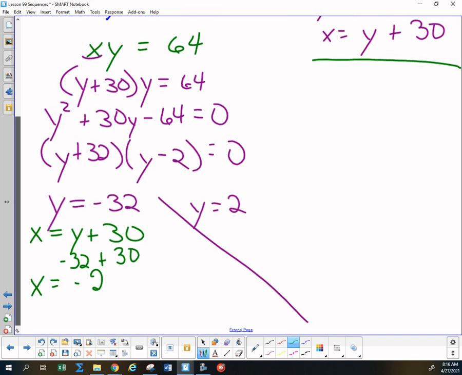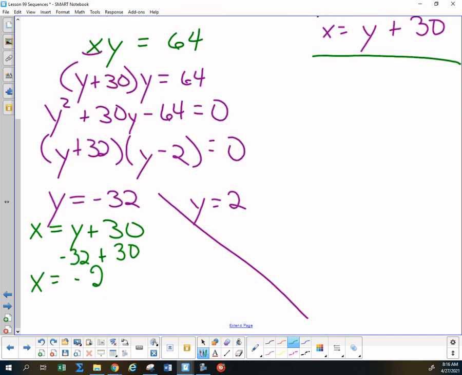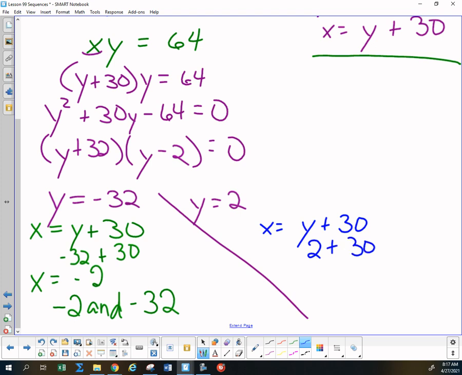So one possibility for my 2 numbers is negative 2 and negative 32. Other possibility for my 2 numbers, x is still y plus 30. So 2 plus 30, because this time I'm letting y be 2. So x could be positive 32. So 2 and 32 would be another possibility.